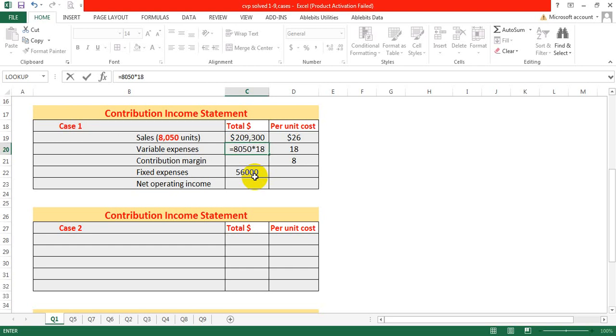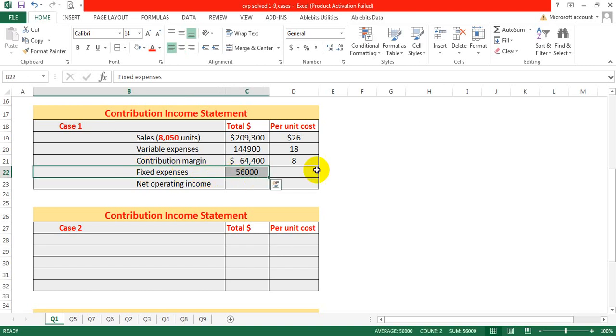So what is my variable expense? That is $144,900. What is my contribution margin? Sales minus variable expense. My contribution margin is $64,400.